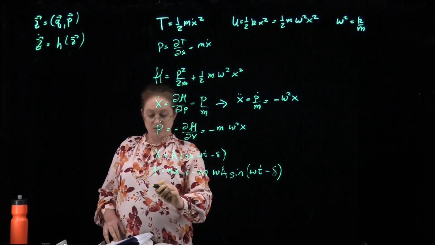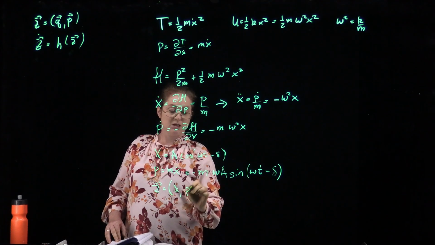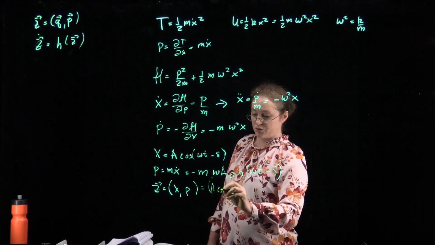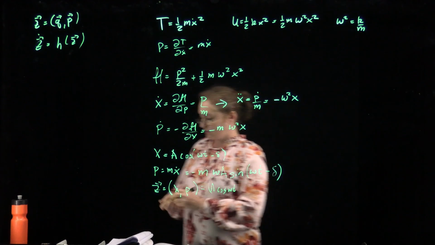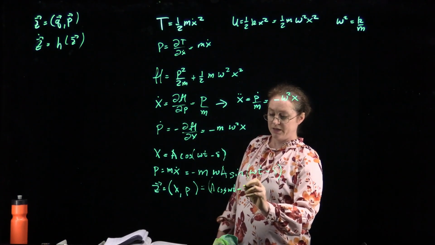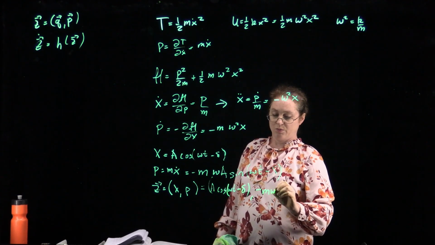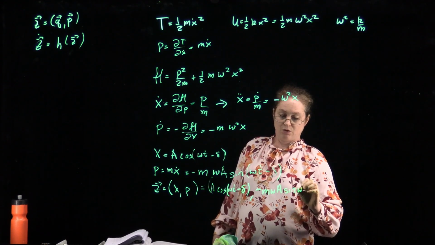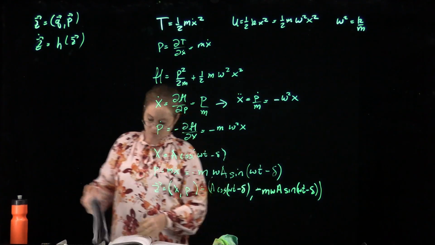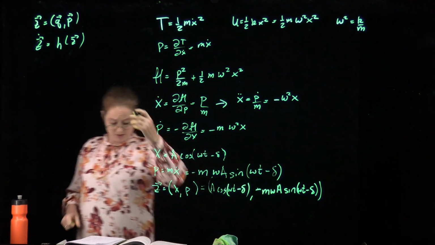And our z vector is given by x comma p, or a cosine of omega t minus delta, comma, negative m omega a sine of omega t minus delta. And this will be an ellipse in the clockwise direction.